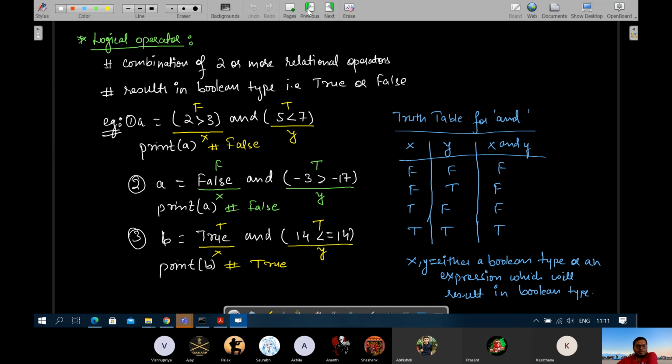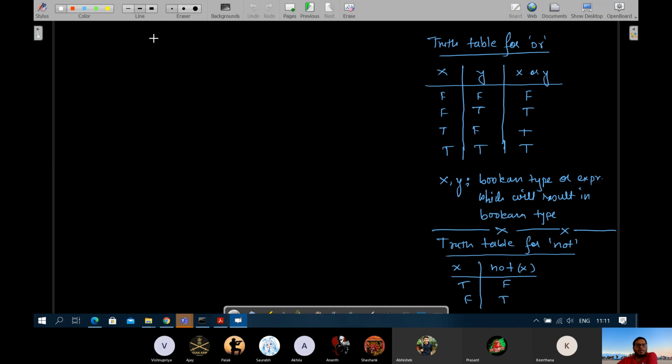Based on this, let's say we have the fourth example. A is equal to 2 greater than 3 and 5 double equals 4 or true.